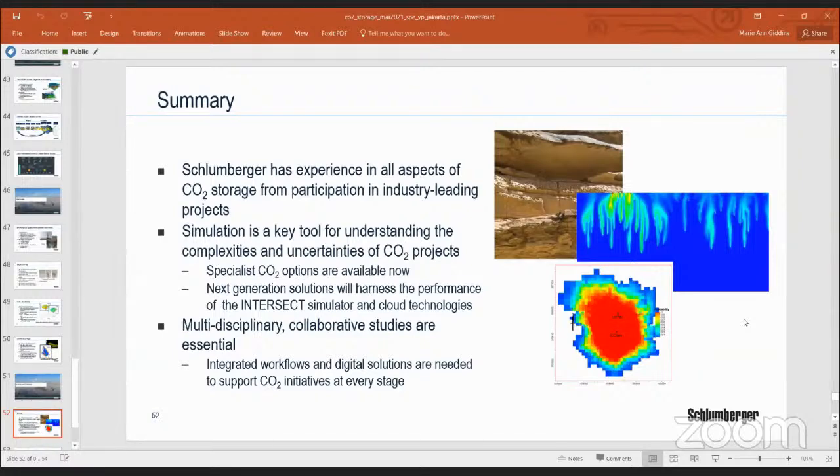Now that was a very rare event, but it's made people nervous. So they want to know not just that you're keeping the CO2 for the purpose of mitigating climate change, but that you're not going to have a leak that might cause any danger. So again, the risk may be very small, but you really need to be able to show that you've done all the studies to avoid that risk and that you're taking appropriate monitoring measures.